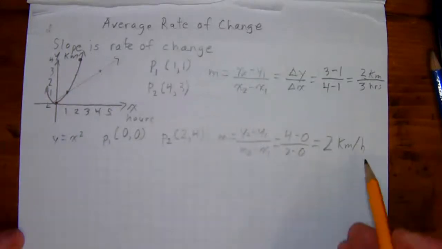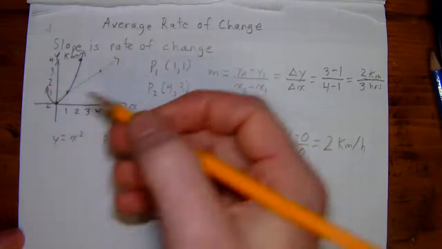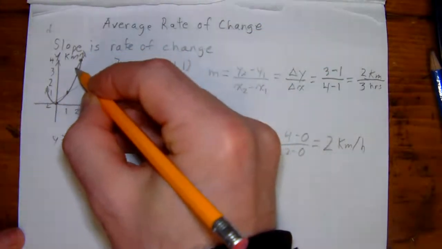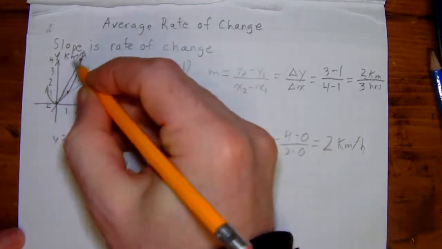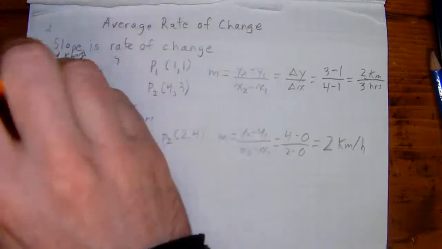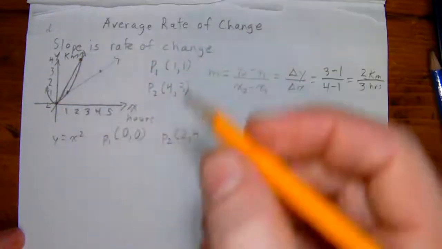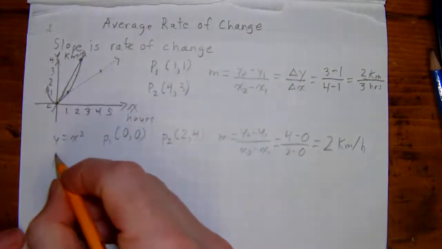So average rate of change, we're going to figure it out exactly this way. We can think of this as drawing the line through those 2 points. Draw a nice line through those 2 points and finding the slope of that line. Whenever we draw a line that cuts a curve in 2 places, we call that a secant line.